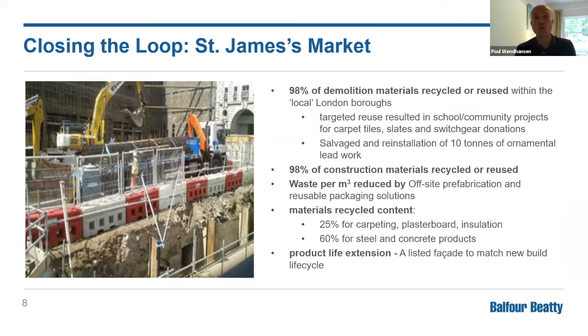That's something we're already good at, but there were some really good wins in there, like the reuse of carpet tiles, slates, switch gears, and salvage reinstallation of 10 tons of ornamental lead work. Those were driven by the building and the refurbishment angle, and that was beyond what is usually achieved. And then 98% of construction materials were recycled and reused.